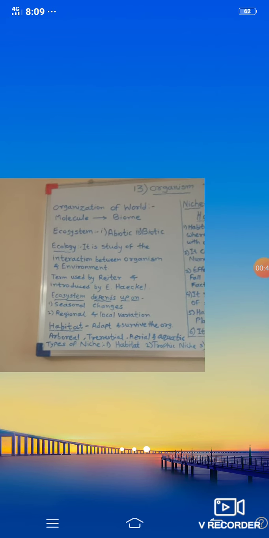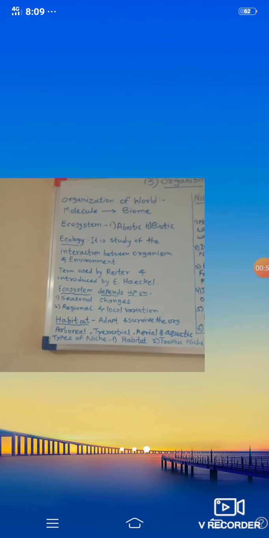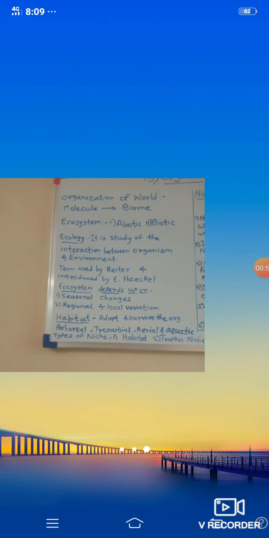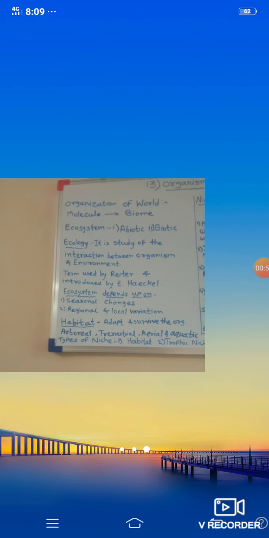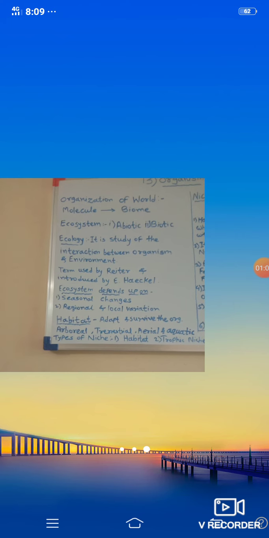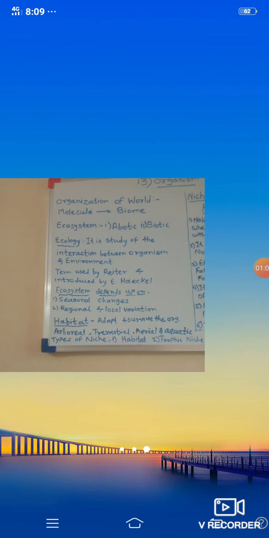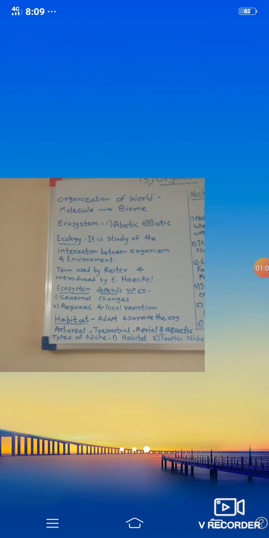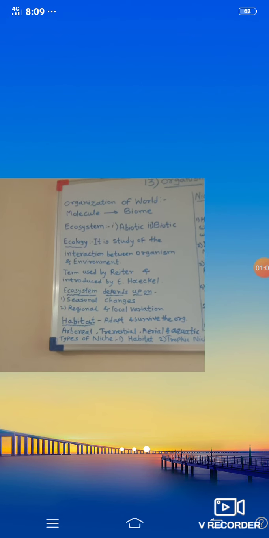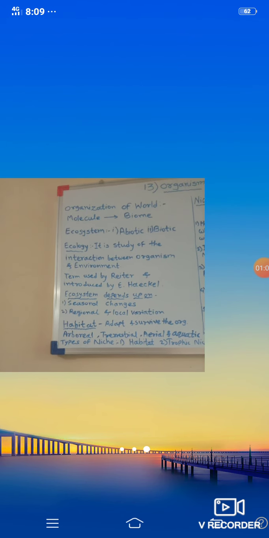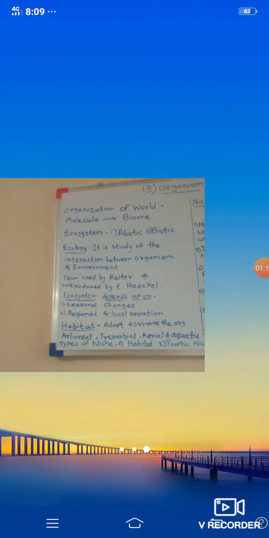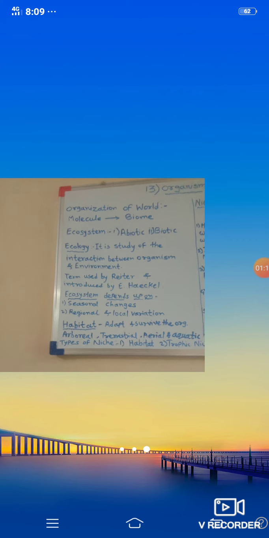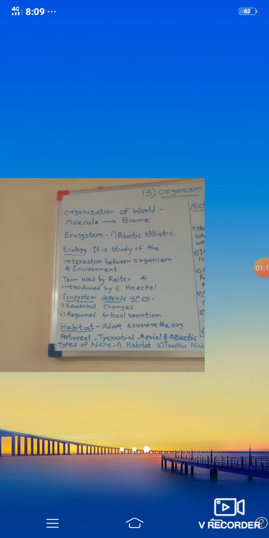So, at first, the living world is formed by the smaller molecules, and the smaller molecules collectively form the whole ecosystem. First the macromolecules form the cells.